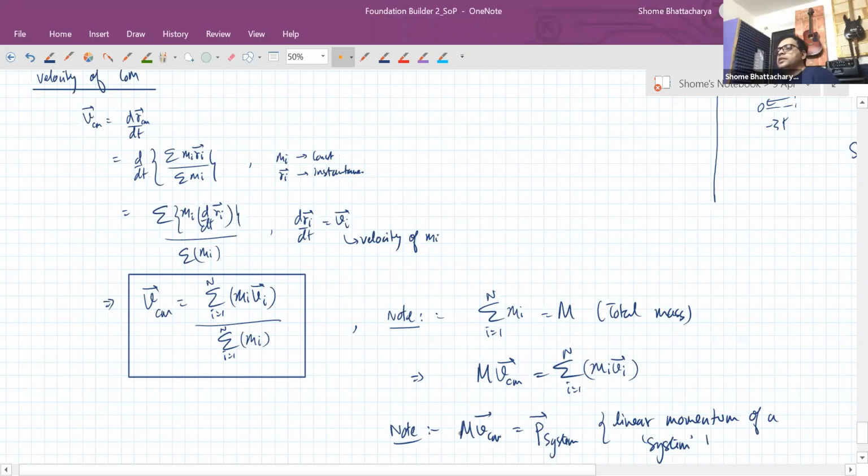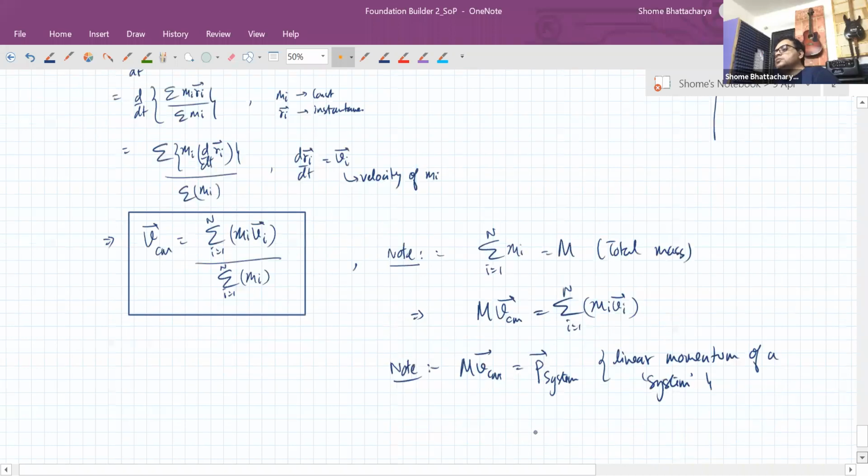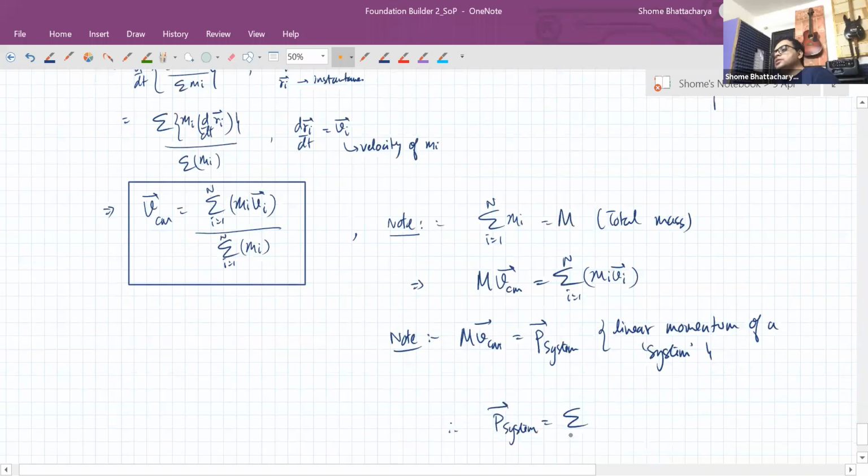And we can therefore see that the total momentum of the system is equal to the vector sum of the momenta of the individual particles. Or total mass into velocity of center of mass is summation of M into V.